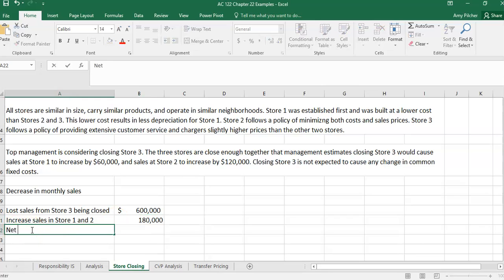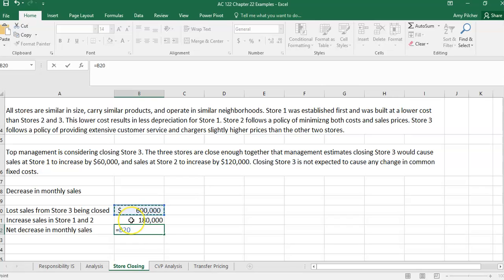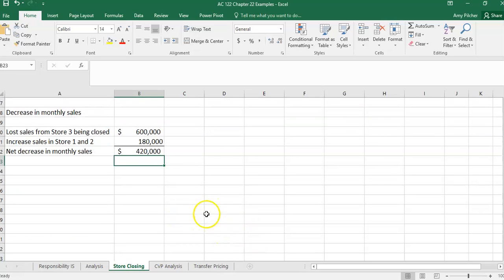So our net decrease in monthly sales equals 600,000 minus that 180,000 increase in the other stores. Overall, we're going to lose 420,000 in sales.